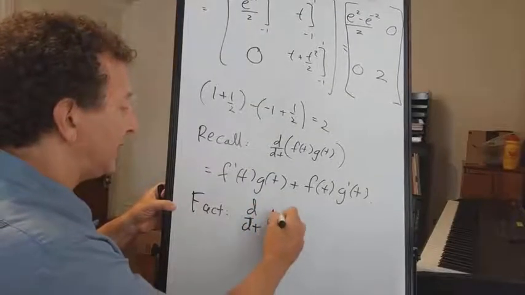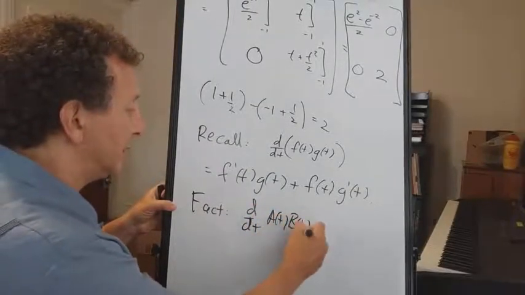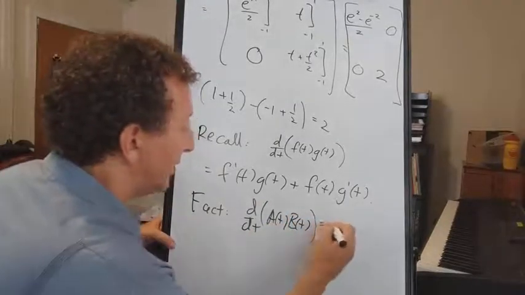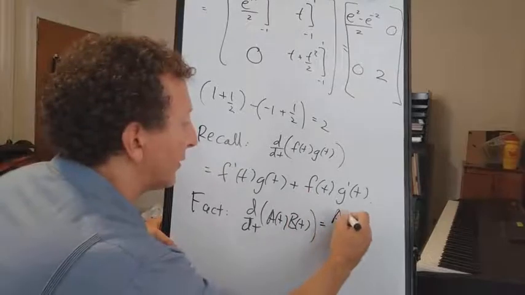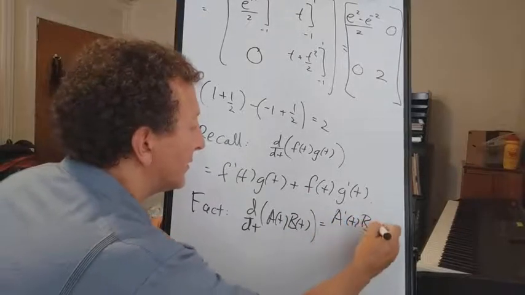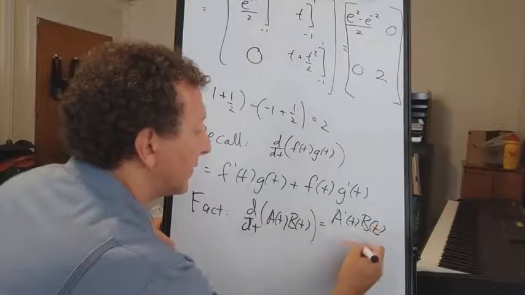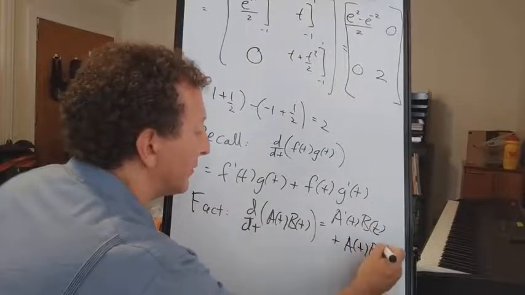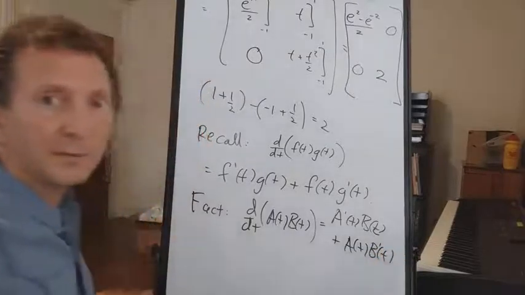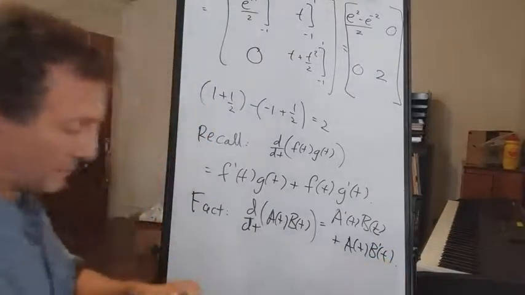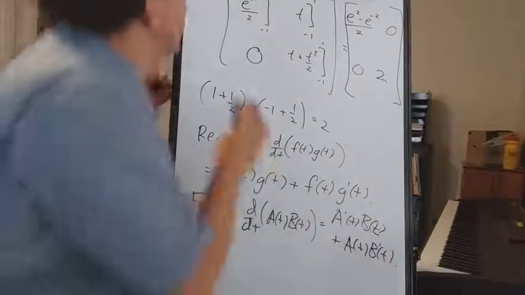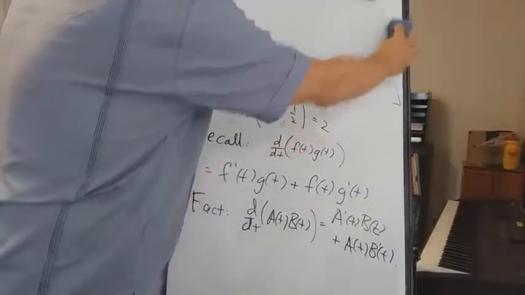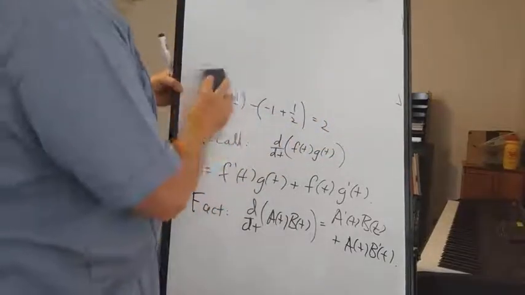So if we have A of t, B of t, the matrix product, the derivative is going to be derivative of the first times the second plus the first times derivative of the second. And let's see why that's true.